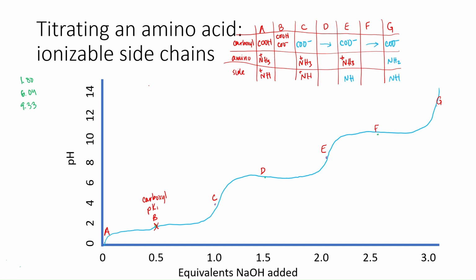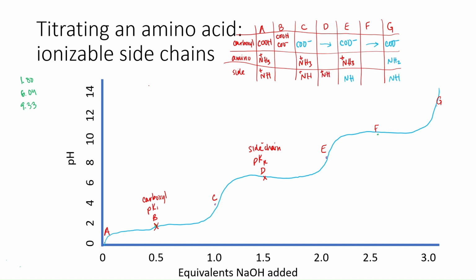The next half equivalence point is our pK for our side chain, our pKr. That's for our side chain. And that's right around pH 6.04. And so at point D, that's where some of our side chain is protonated, NH+.